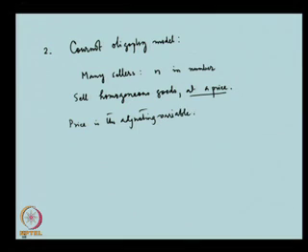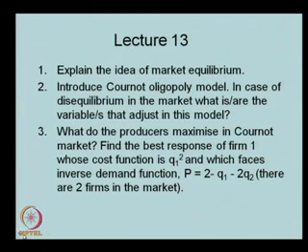Okay. Last question. What do the producers maximize in the Cournot market? Find the best response of firm 1, whose cost function is Q1 square and which faces inverse demand function P equals 2 minus Q1 minus 2Q2. So, what do the firms do in Cournot competition?